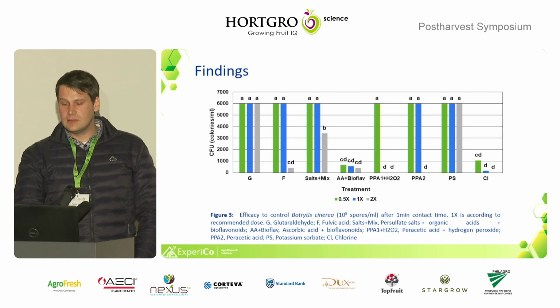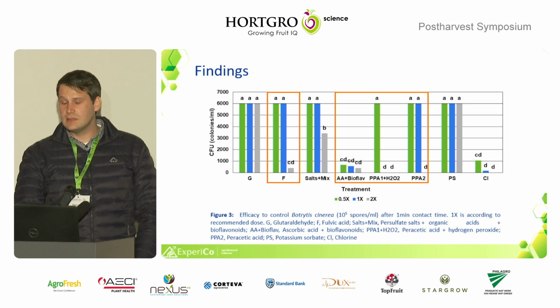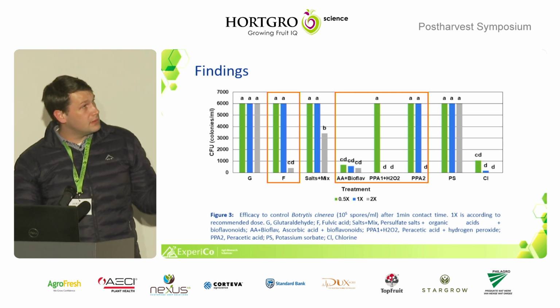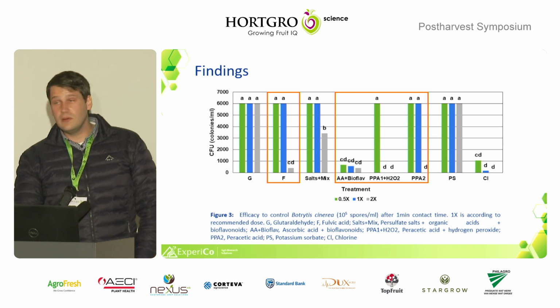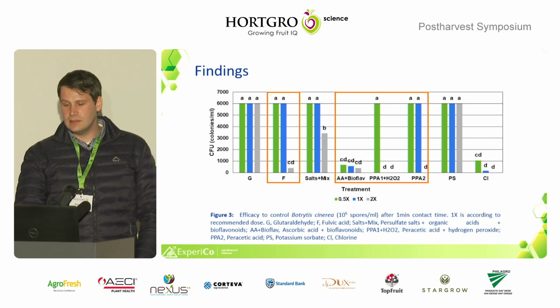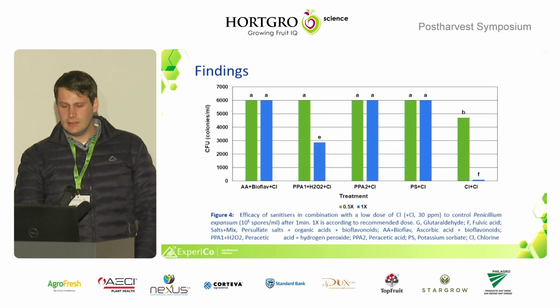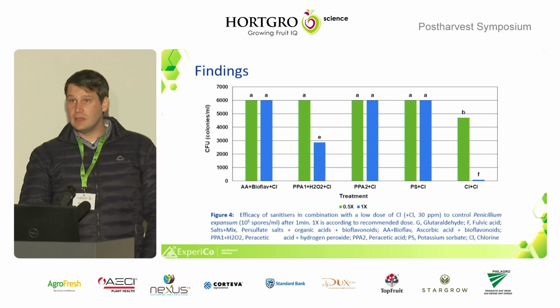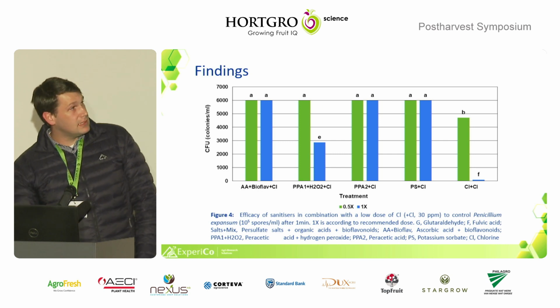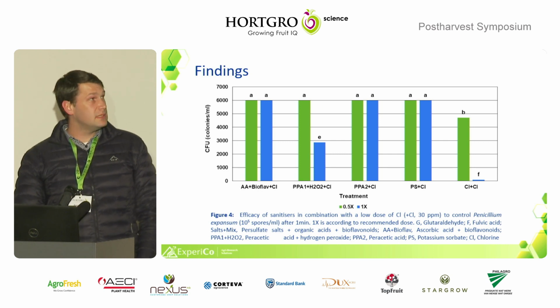And then against botrytis, you can see there are a few more products to include. Your ascorbic acid doing quite well, and fulvic acid, the F there, requiring quite a high concentration to be effective. Then we combined it with a low dose of chlorine, in this case literally like 30 ppm of chlorine. It's very low.